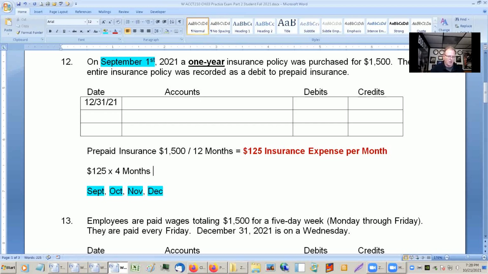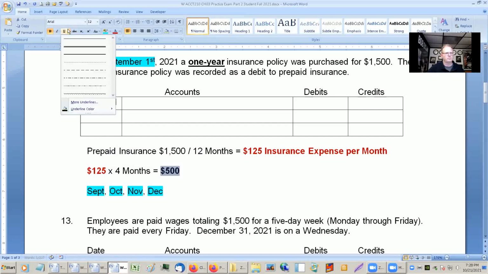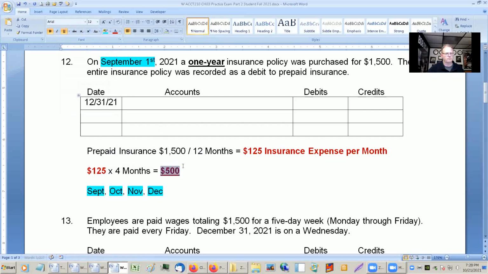Oh, probably insurance expense will be the expense account. What is that, 500? I think it's 500. So insurance expense, debit for 500. And then prepaid accounts, credit.